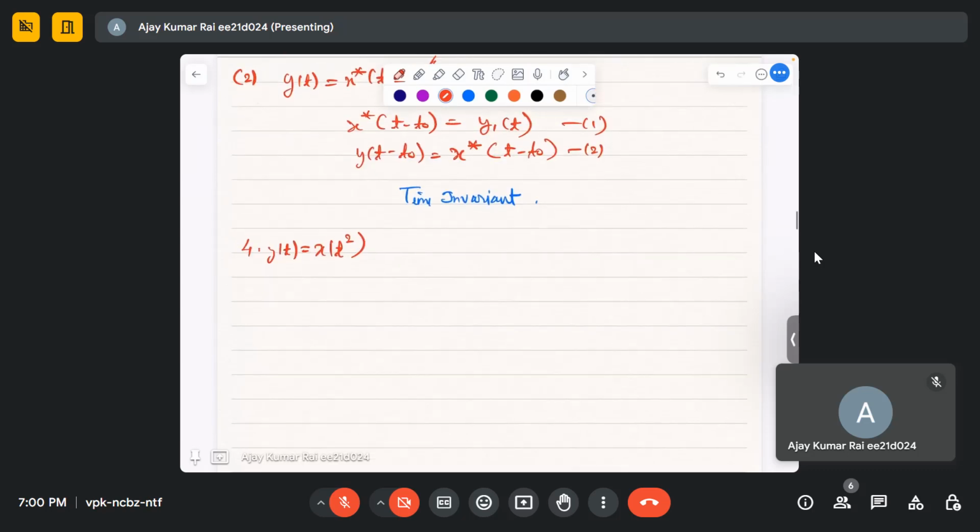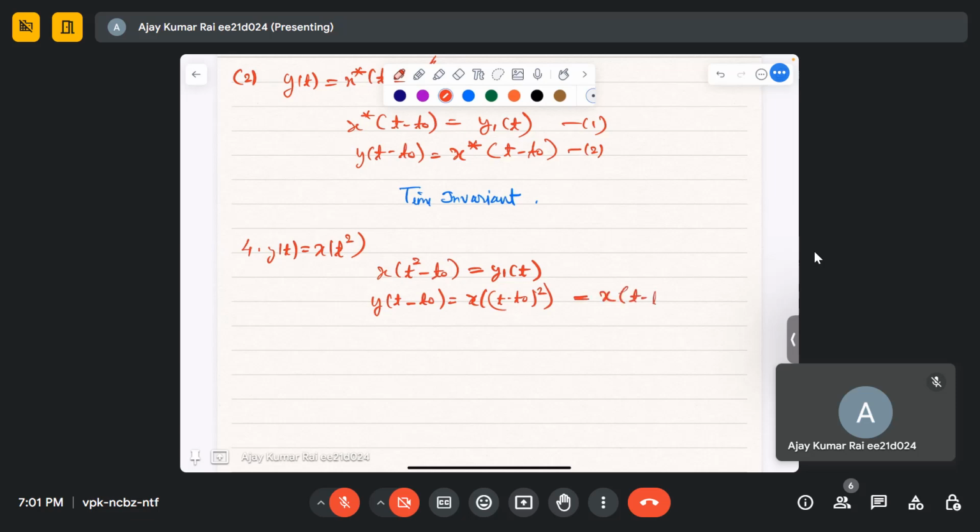So what I'll get, x of t minus t naught squared. So I'm delaying the input by t naught. So this is y1 of t. Now what I'm doing, I'm just replacing t by t minus t naught in this equation. So y of t minus t naught is equal to x of t minus t naught, this is whole square.